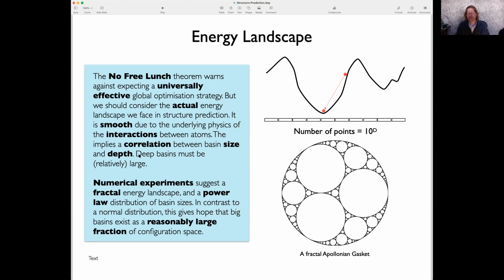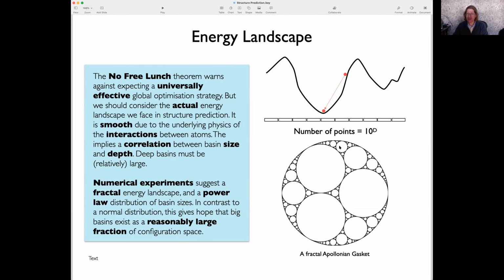However, a power law distribution suggests a picture a bit like this on the bottom right-hand side here, which is a kind of fractal known as the Apollonian Gasket. These fractals are made by making a circle, and then packing successively smaller circles into those circles.